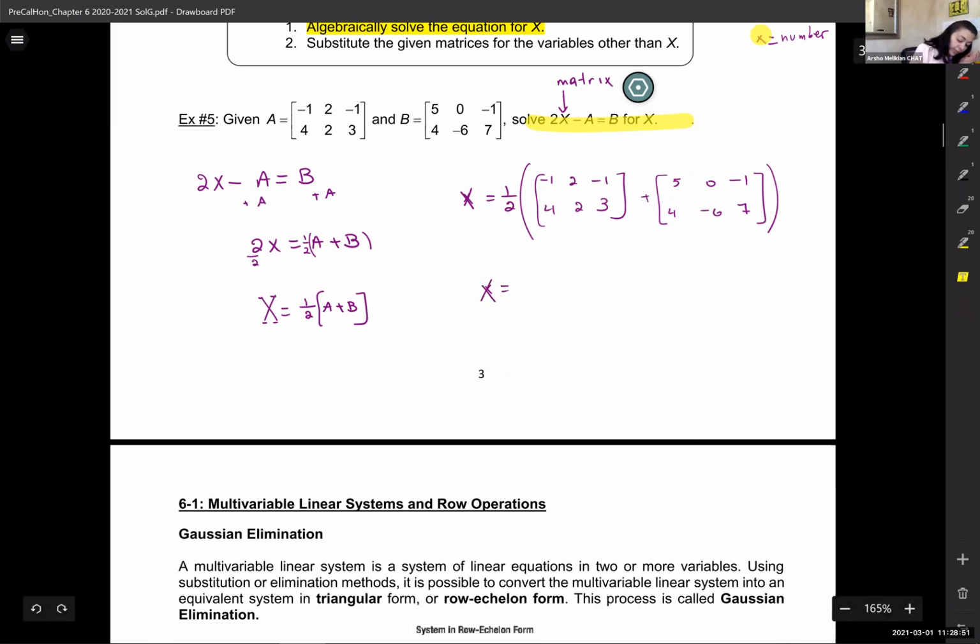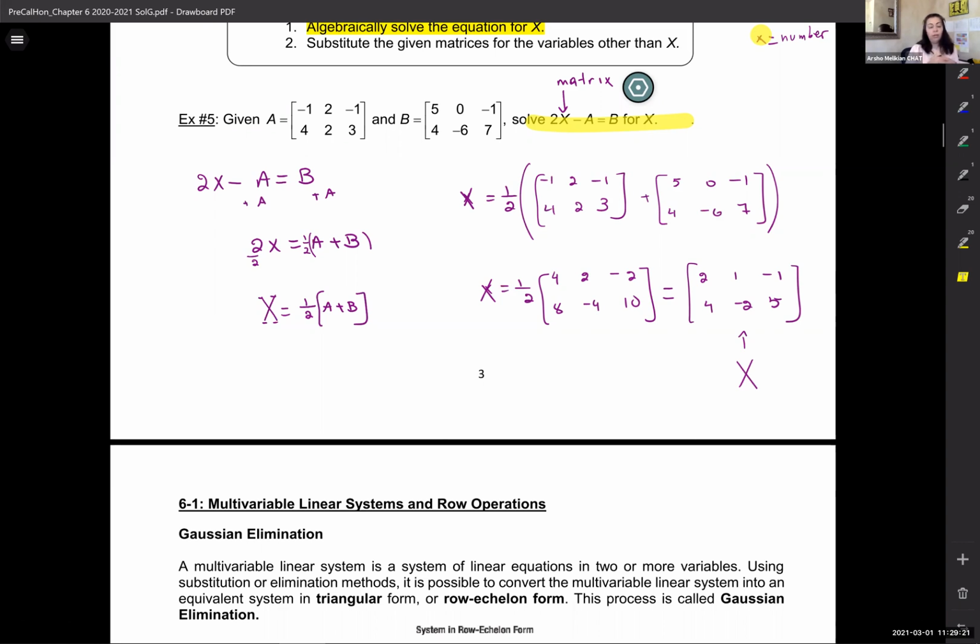So X is half of 4, 2, -2, 8, -4, 10, multiplied by a half, 2, 1, -1, 4, -2, 5, and that's your X. So in the world of real numbers, when we solve, we get real numbers as solutions.